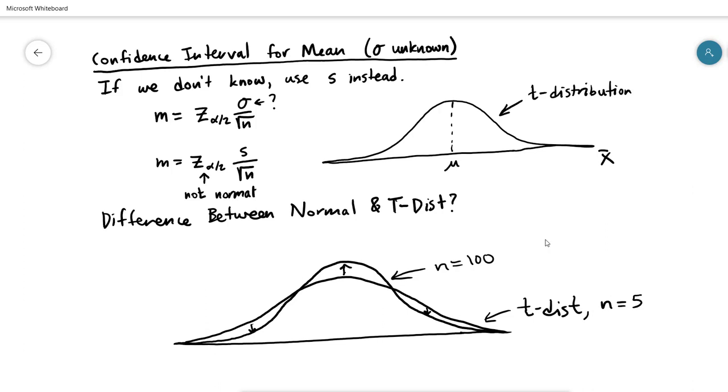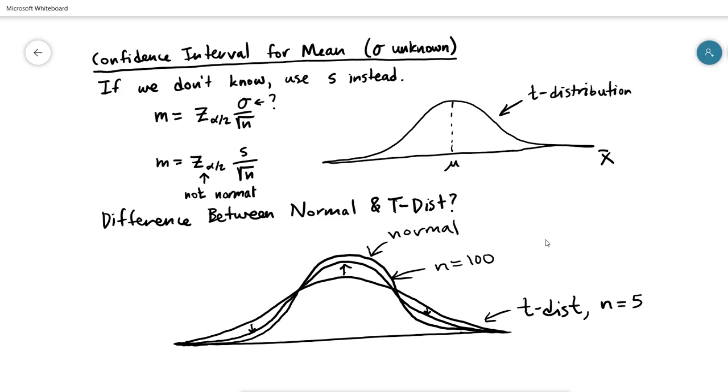Eventually, if you let n get really large, we will approach a shape that looks like this one. And this last shape is the normal distribution. So basically, as you increase the value of n in your sample size, you will get a distribution that approaches a normal distribution.